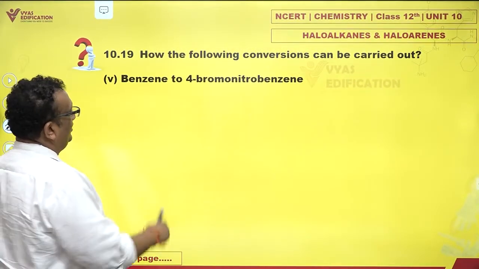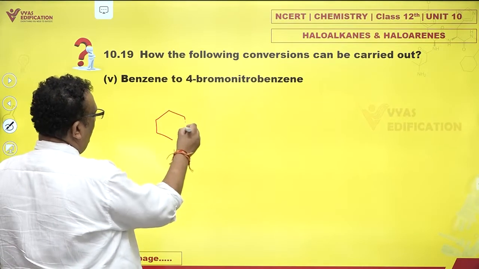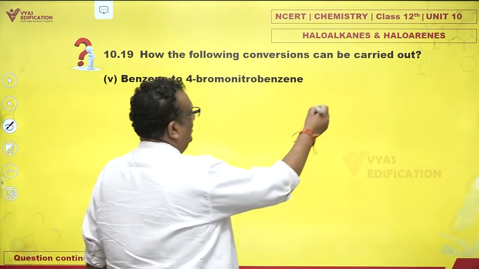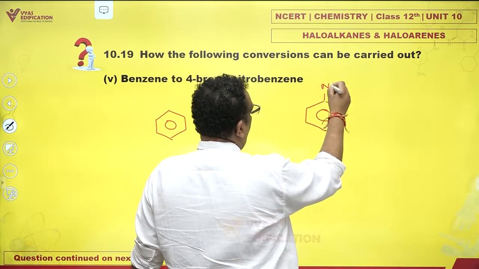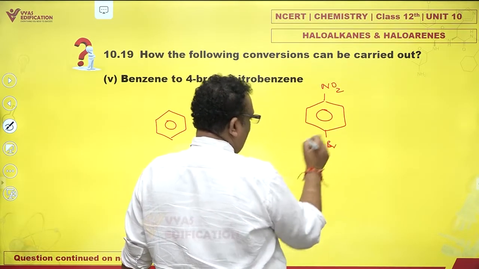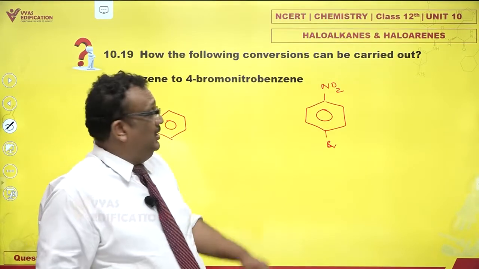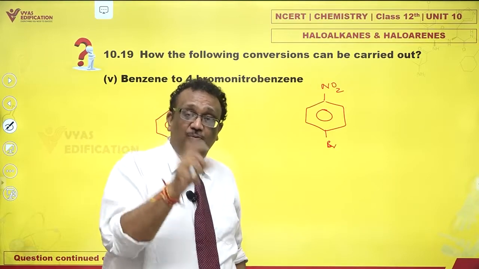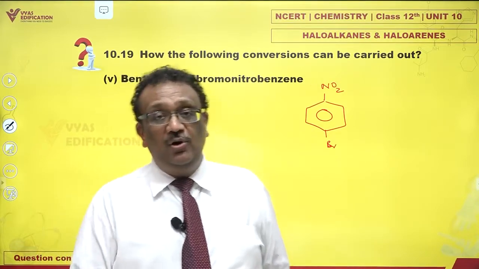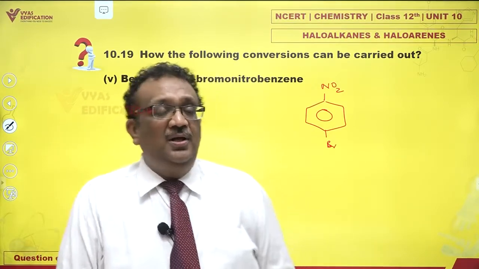Fifth, benzene to 4-bromonitrobenzene. Now you have nitro and you have bromo both. How do we do it? Please note, nitro is a meta-directing group. If I add nitro before, then I would have to add bromo meta to it.